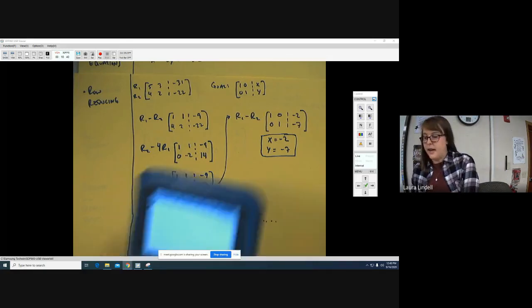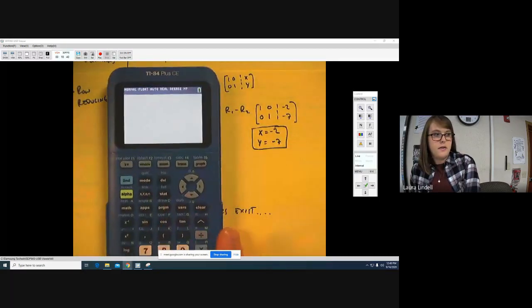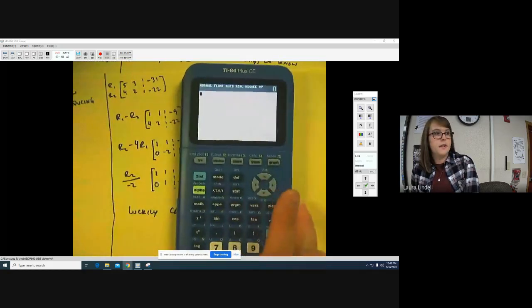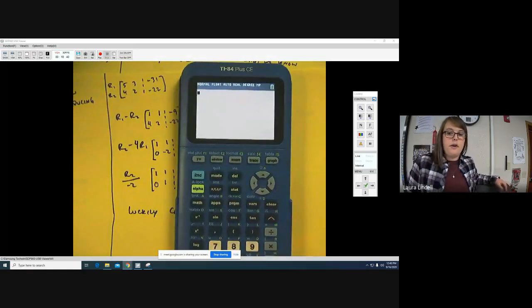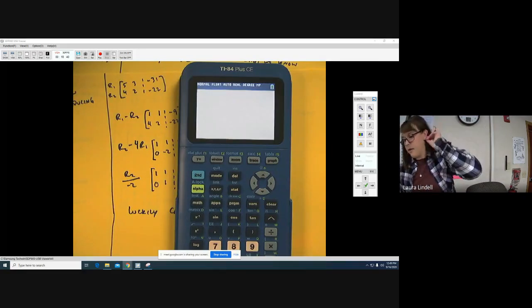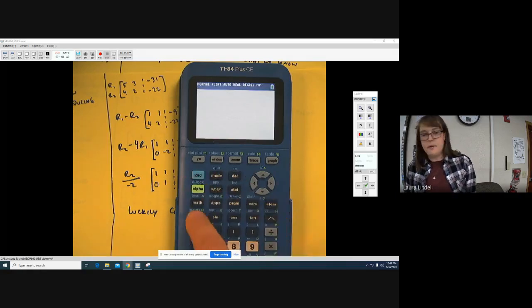So I've got my TI-84 here. And we're going to make the calculator do exactly what I just did. Okay. So if you've got your TI-84 with you, the first thing that you want to do is hit second matrix.